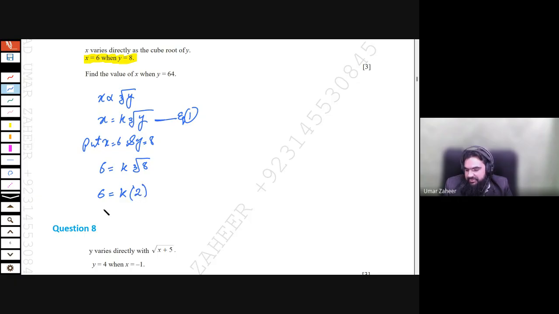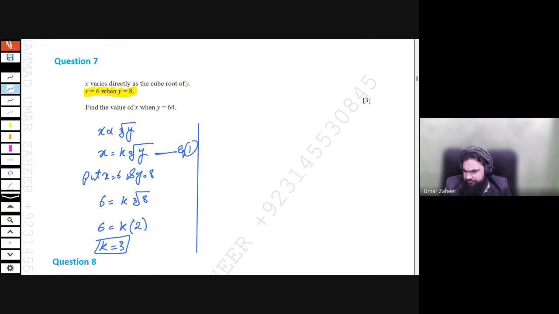So 6 over 2 will be 3. So equation 1 becomes x is equal to 3 times the cube root of y.